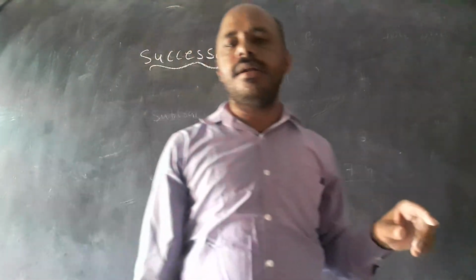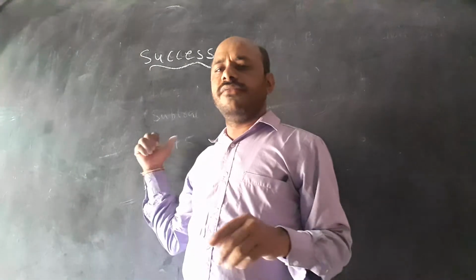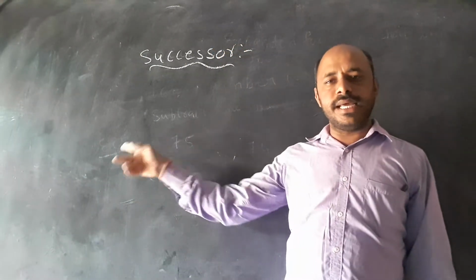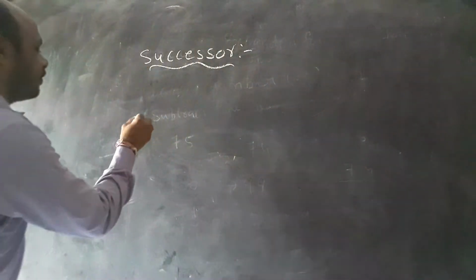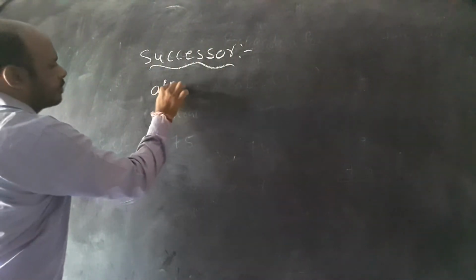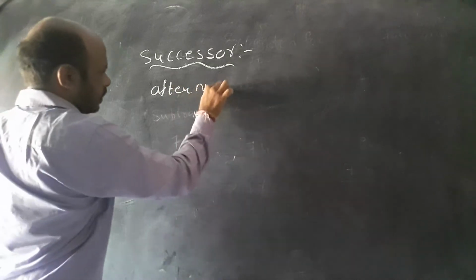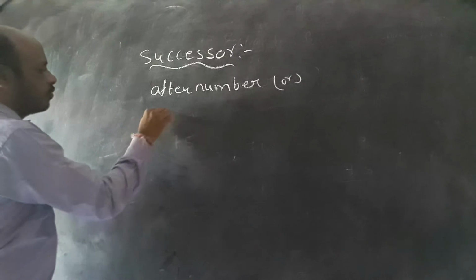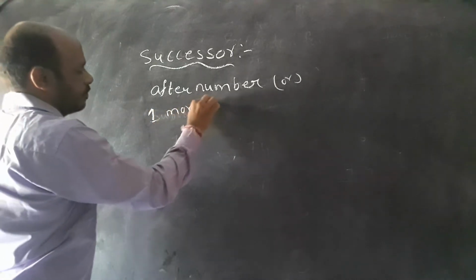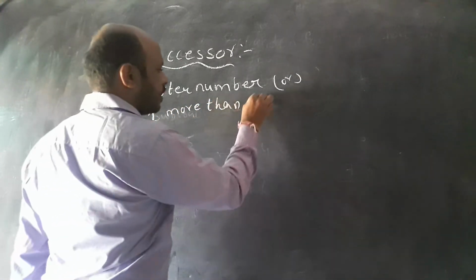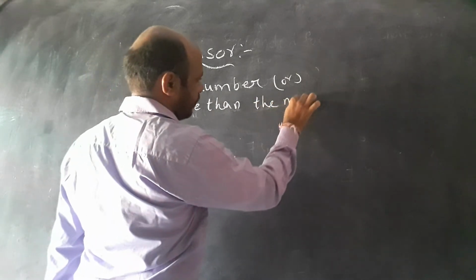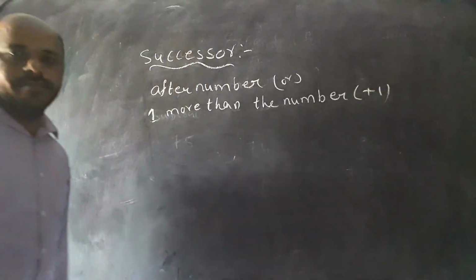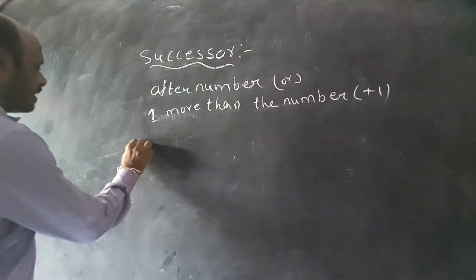One more than the number means we should add 1 to the given number. See, successor meaning what? After number, or 1 more than the number. 1 more than the number means add 1.